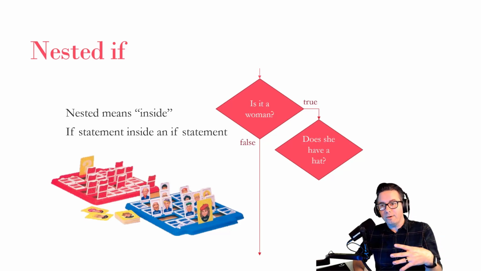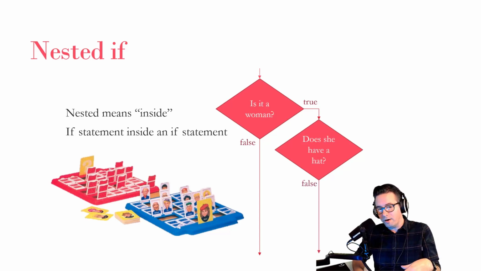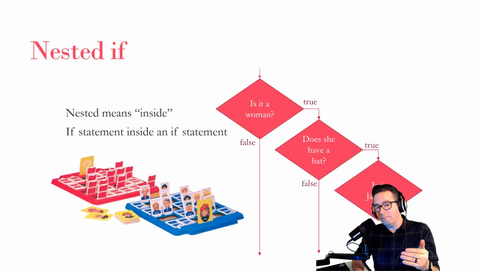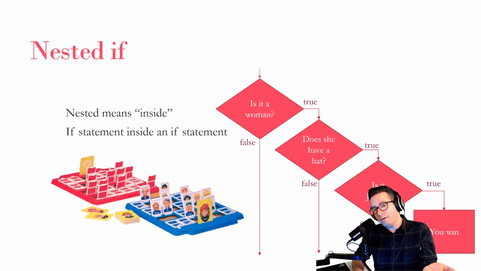Then you ask, okay, does she have a hat? If it's no, then you move on and ask another question. But if it is, you knock down the ones that don't have a hat, and you're left with probably Janice, I guess. And then you say, all right, is it Janice? If it isn't, you didn't win. But if it is, you won, right?